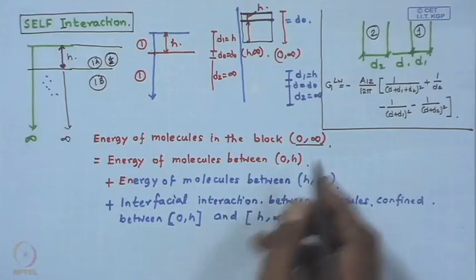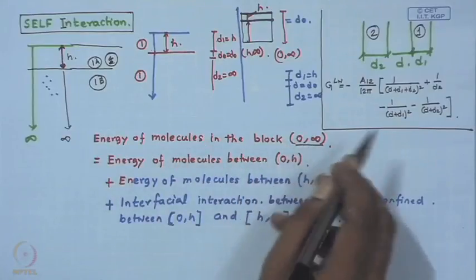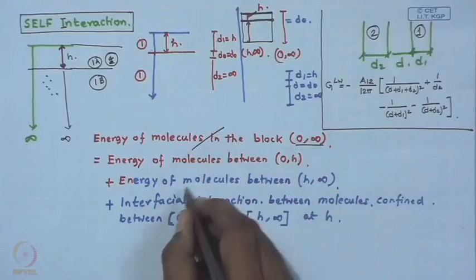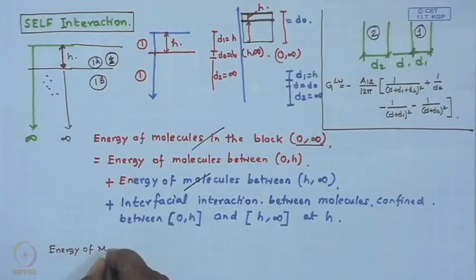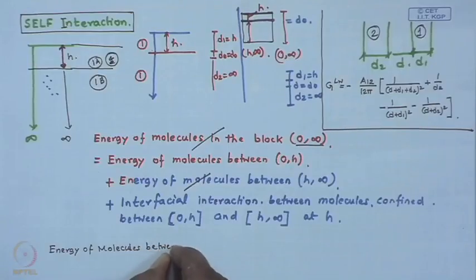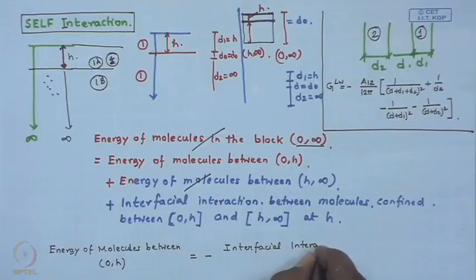Okay. Now, we understand that since this is semi infinite, the total energy of interaction of molecules between 0 to infinity and h to infinity are both infinite and they cancel out. Therefore, what you are left with is the energy of molecules between 0 to h, which is equal to minus the interfacial interaction at h.